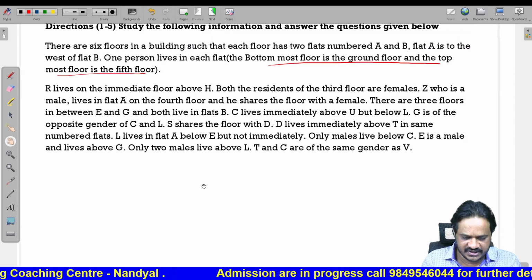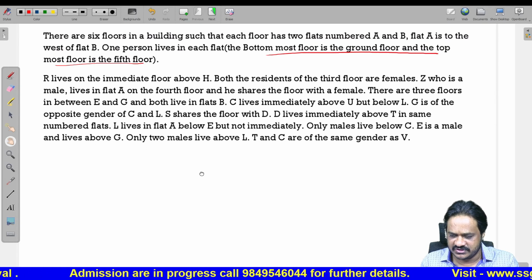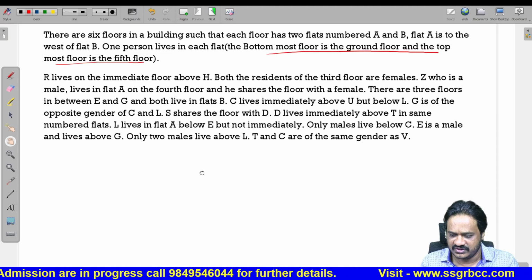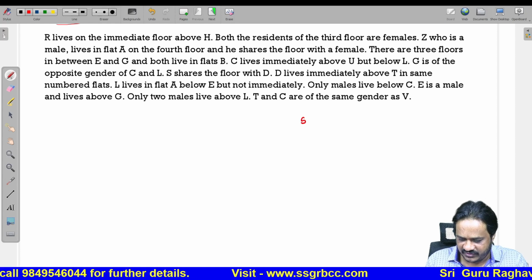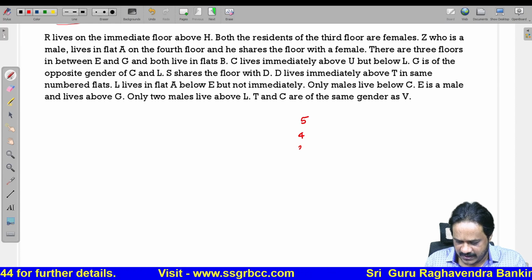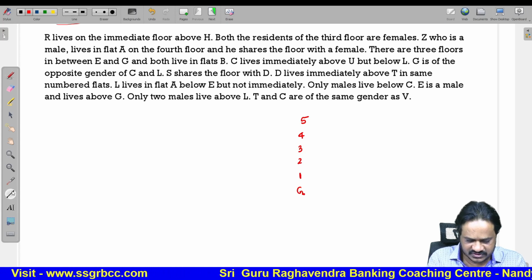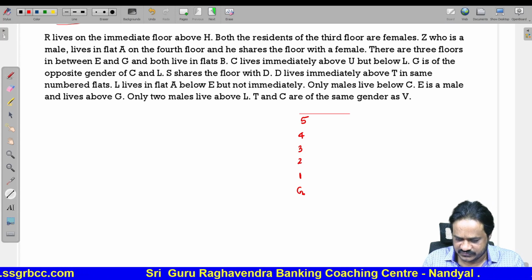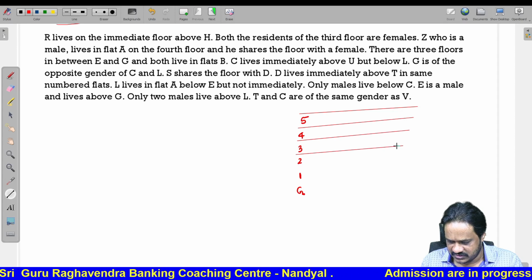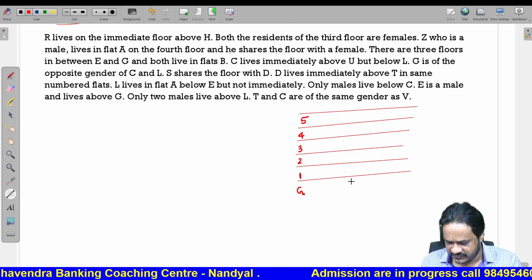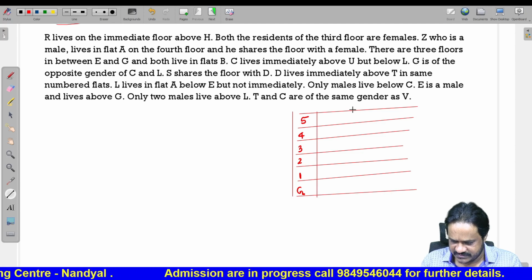Now if you see this one, there are 6 floors in a building. The topmost floor is the 5th floor, the bottom is the ground floor. So we should draw like this: 5th floor, 4th floor, 3rd floor, 2nd floor, 1st floor and ground floor, G for ground.